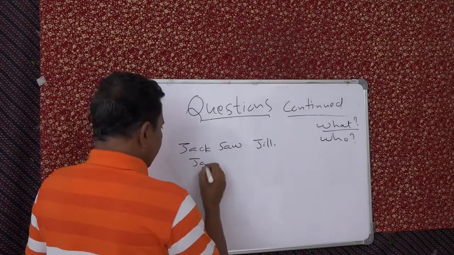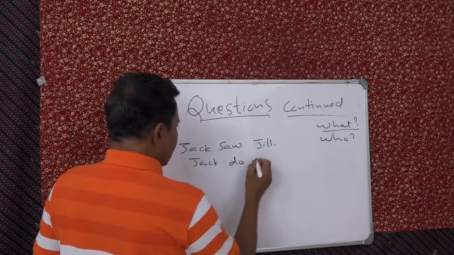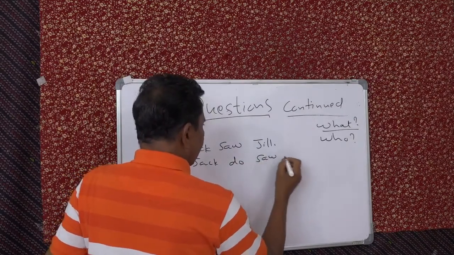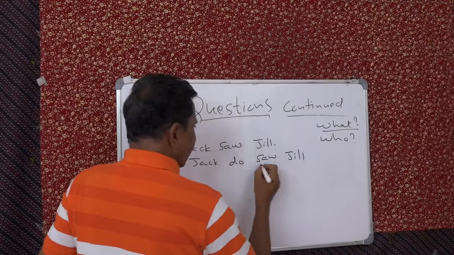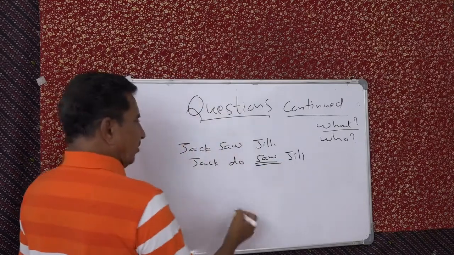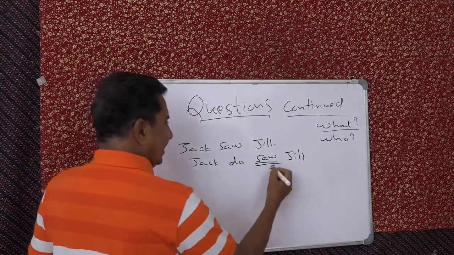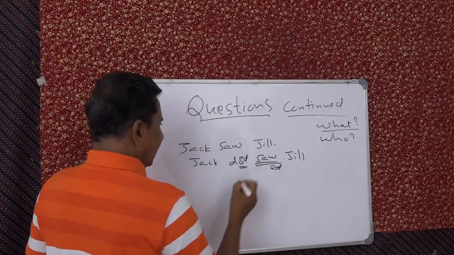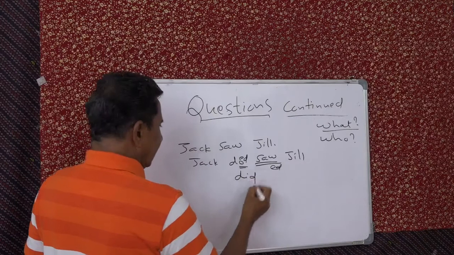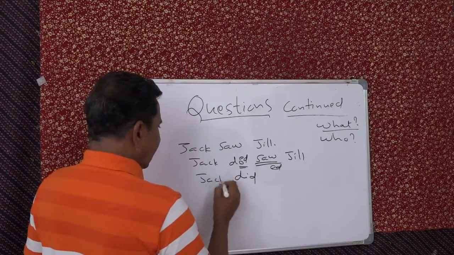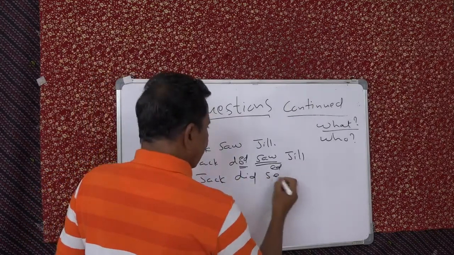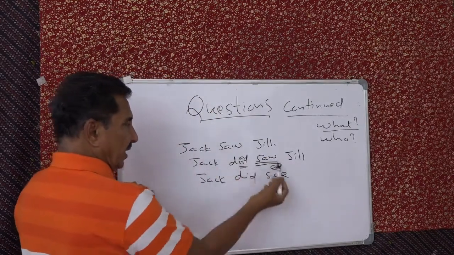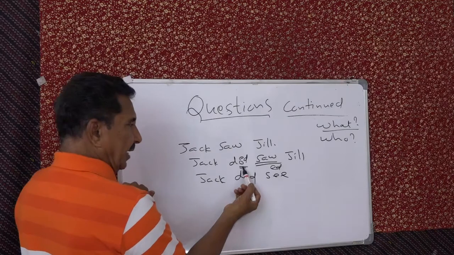Jack saw Jill. Here is ed, past tense now, and ed is here. So that is added here. Then this will become did. So Jack did see. What remains is see, because the tense marker has been taken and added here.